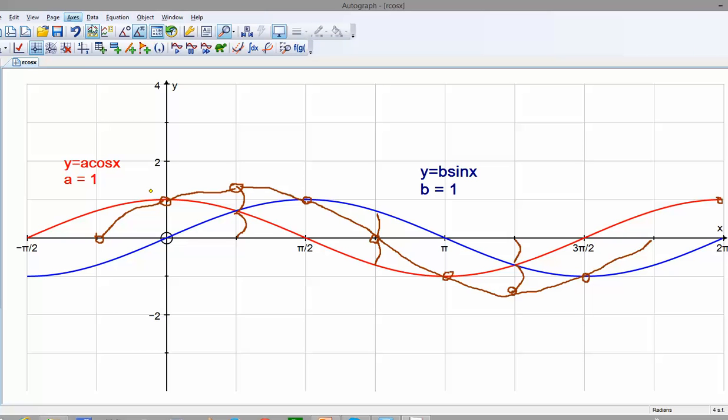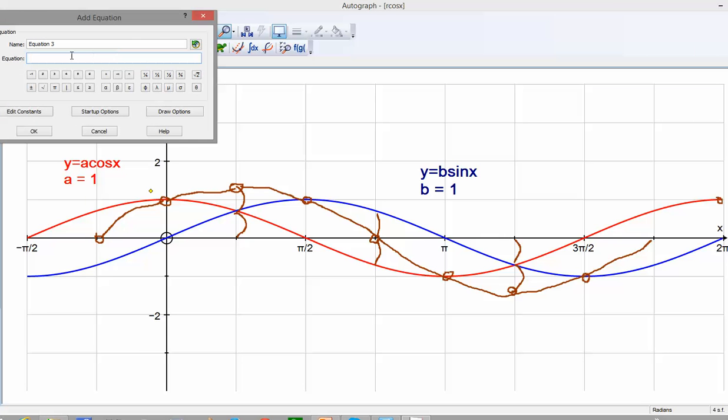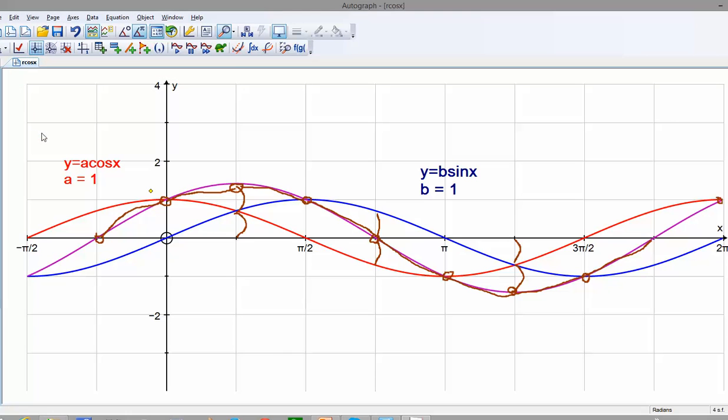So I'm just going to perhaps draw that in now. And we've got a sine x plus b cos x. It was the other way around, so it was b sine x and a cos x, and I'll just put y equals. And that would be our graph.